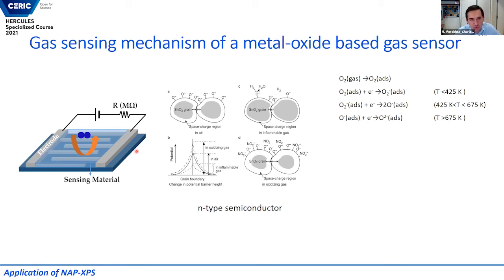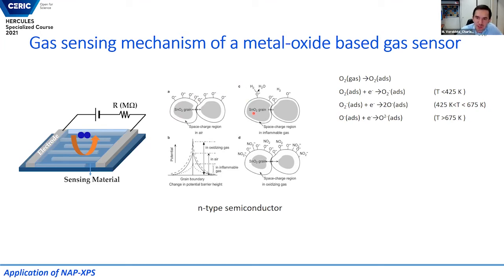Normally it is assumed that there is, for example, some material like tin oxide. It is a very popular metal oxide used as a sensitive layer for gas sensors. And then when there is an environment like air which contains oxygen, the oxygen can chemisorb on the surface of this oxide.